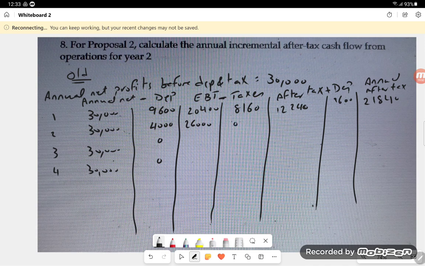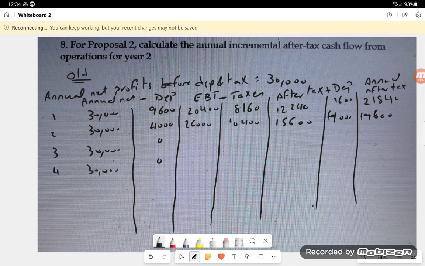It will be, so the after tax and the depreciation cash flow will be, then you have to add depreciation once again, and so on. And now we have to do the same for the new asset.